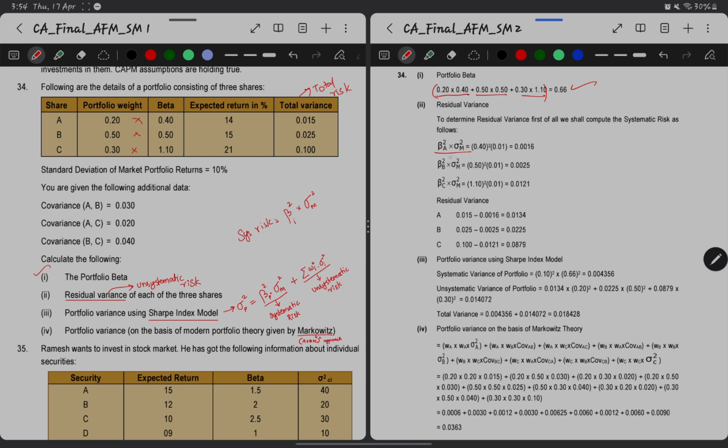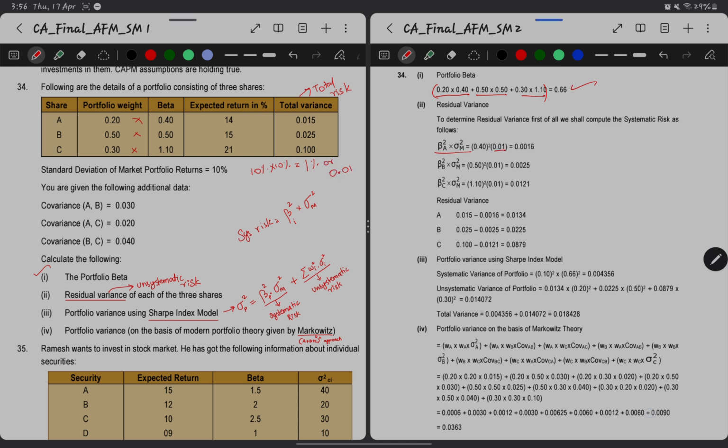So beta squared of A multiplied by the variance of the market. We have the standard deviation of market portfolio return, which is 10 percentage. So the variance will be 10 percentage into 10 percentage, which will give us 1 percentage or 0.01.